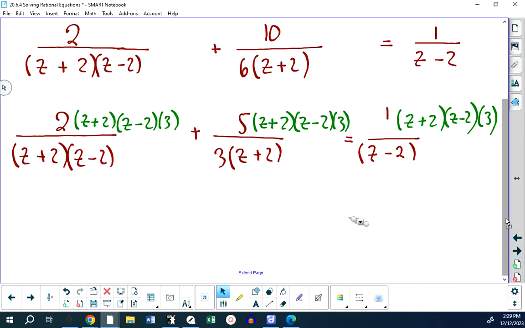And again, I'm about to tell you what we could have done instead, which amounts to the same thing. What your textbook would say is when you have a rational equation, multiply both sides by the lowest common denominator. I mean, it turns out that 3 times z plus 2 times z minus 2 is the lowest common denominator. But as a teacher, particularly in Math 30, I will not be using that terminology.